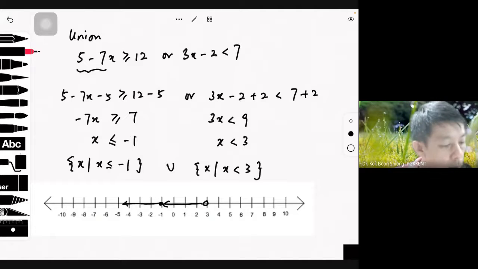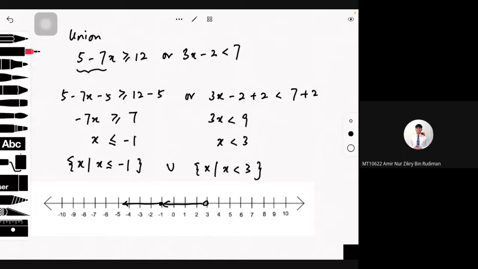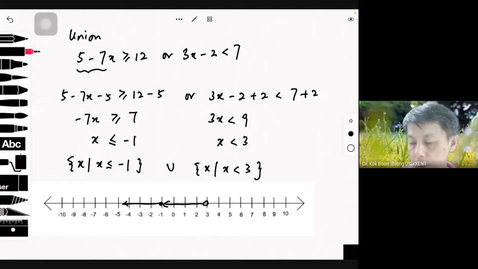So what is the final answer? x is less than 3. Yes, the final answer is, what is the interval? Negative infinity and 3. So this is the final answer.